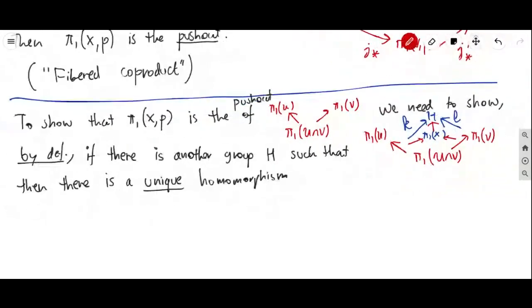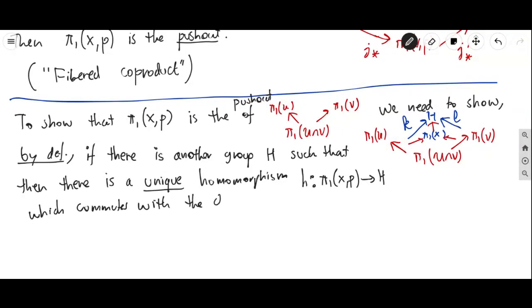Let's call this unique homomorphism h from pi1 of X into H, which commutes with the diagram.